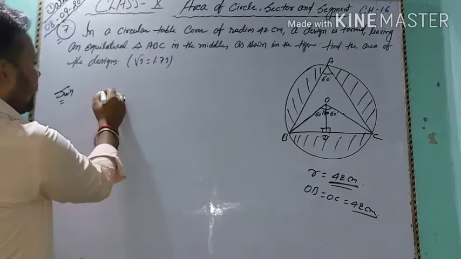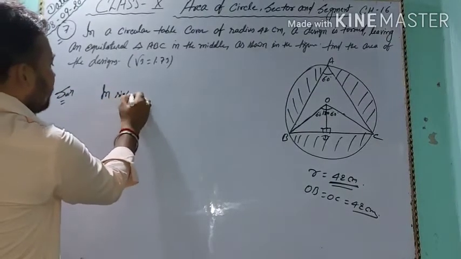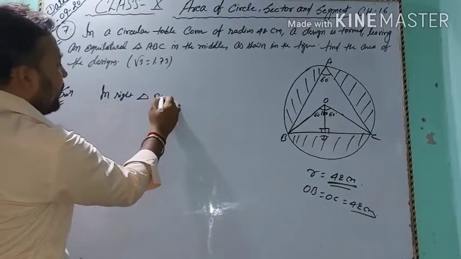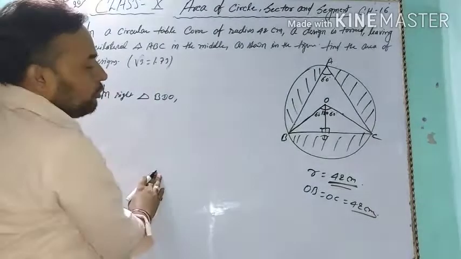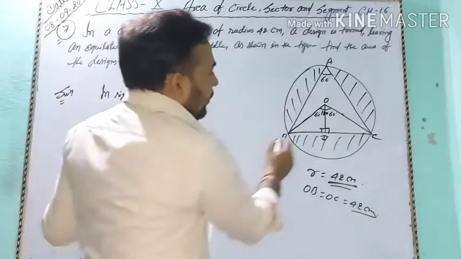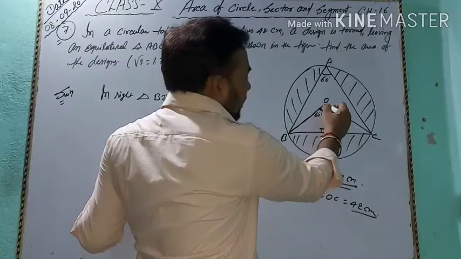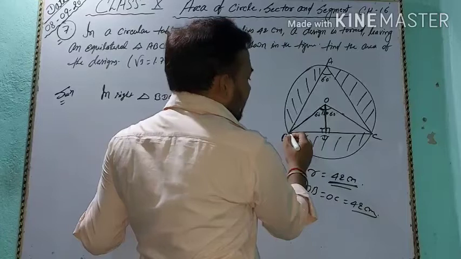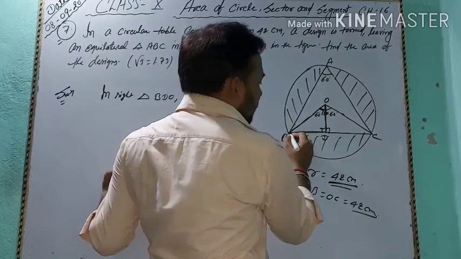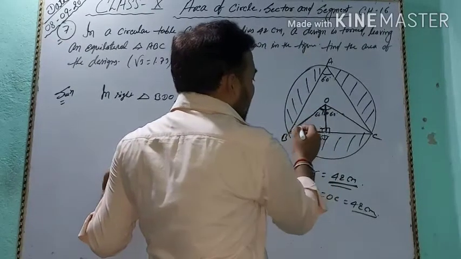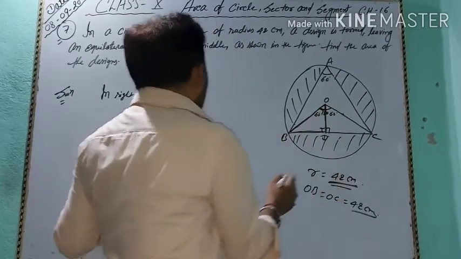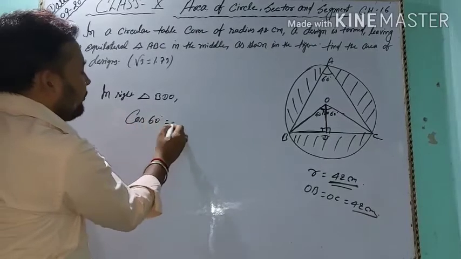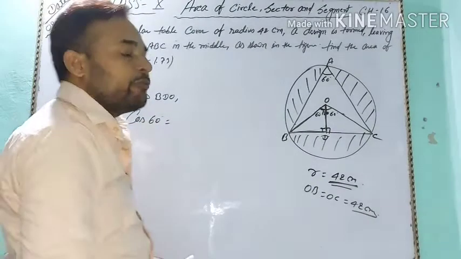Let us start from first. In a right triangle BDO, this angle equal to 60 degree. So find OD. OD is the base and BD is the perpendicular, and OB is the hypotenuse. So in triangle BDO, cos theta equal to base by hypotenuse.